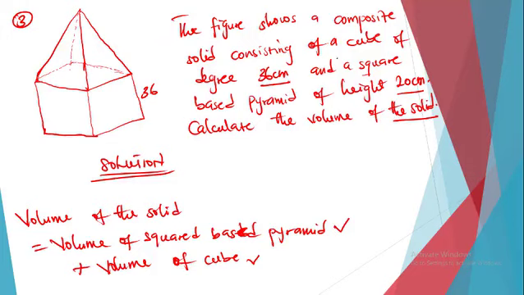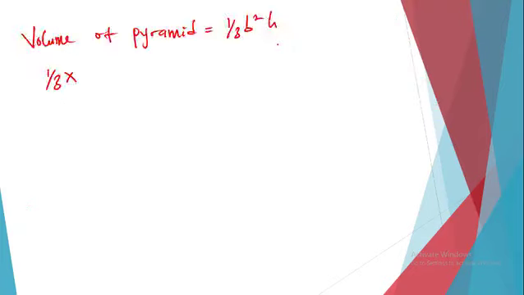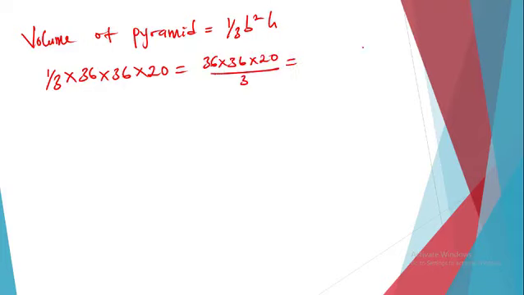Okay, our b here is 36. So therefore we have 36 times 36 times our h, which is 20 cm, and when we multiply this we have 36 times 36 times 20 all over 3, and we have our answer to be 8640 cm cube.